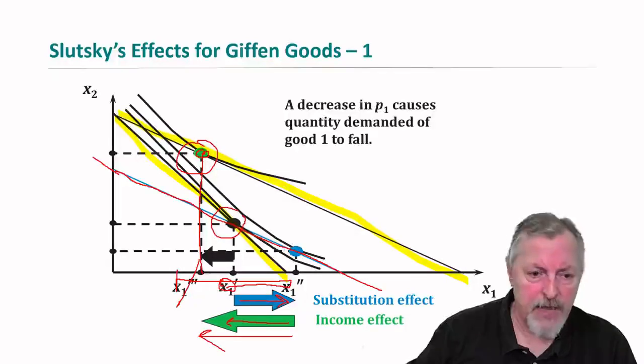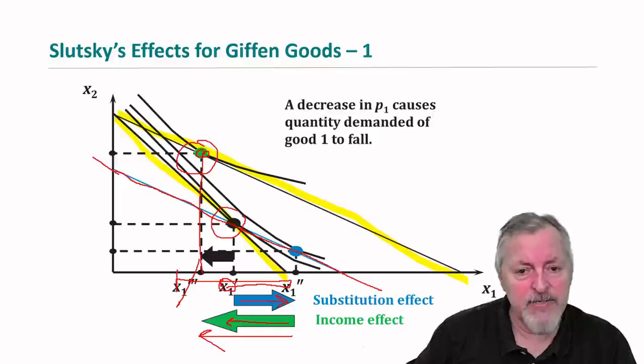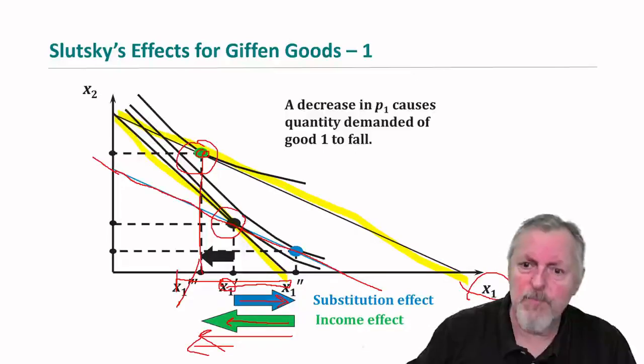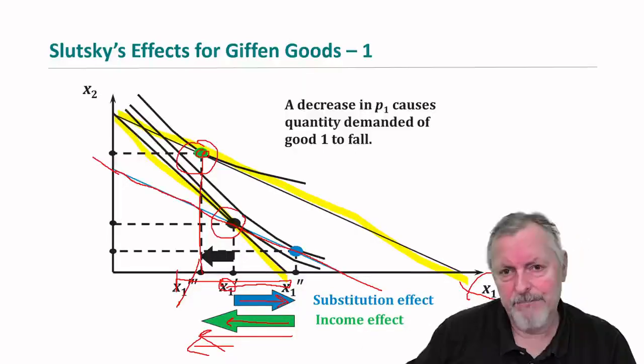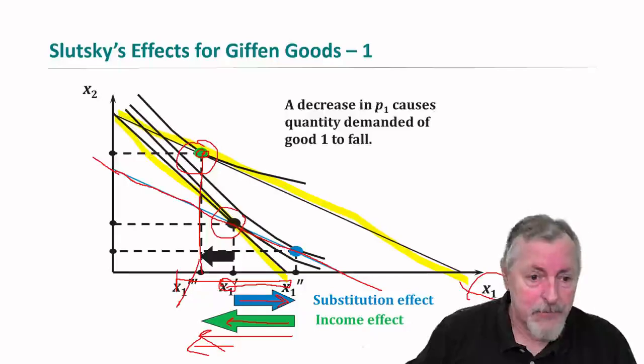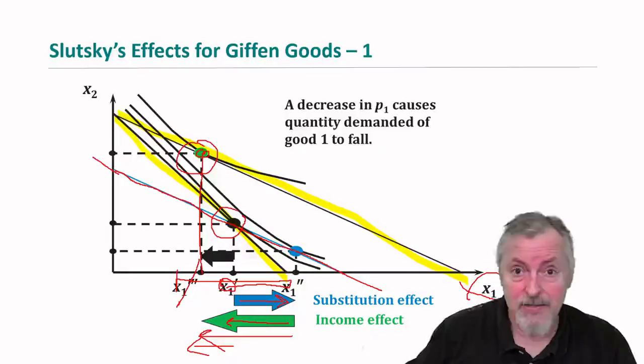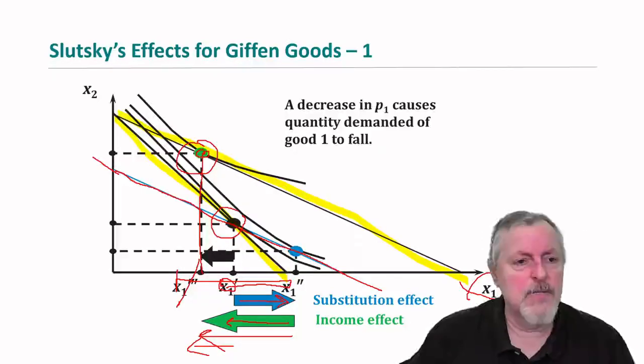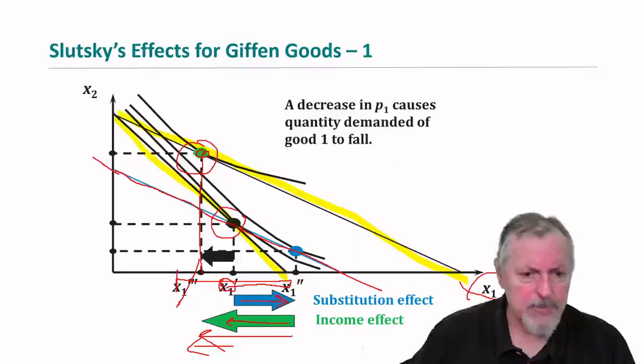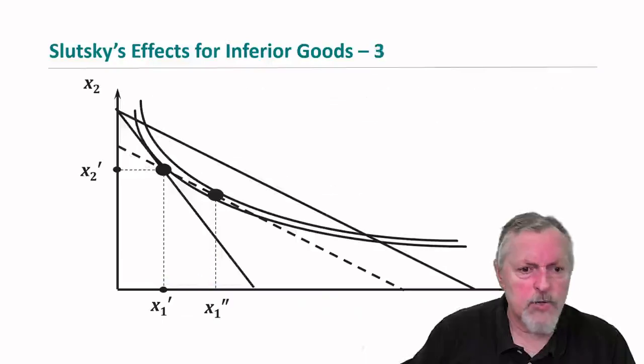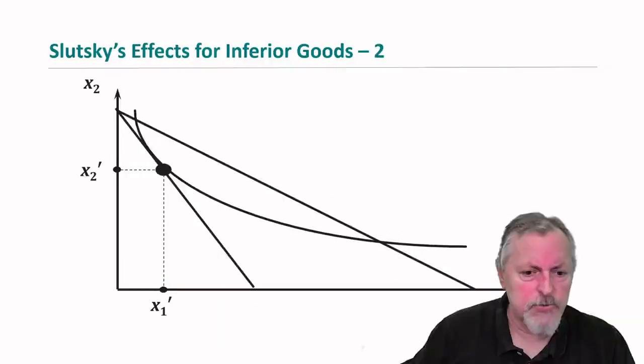The net effect is the price of X1 went down, you buy less of it. It violates the law of demand. Interesting. I think it helps understanding the concept and different ways that you can decompose choices into income and substitution effect.